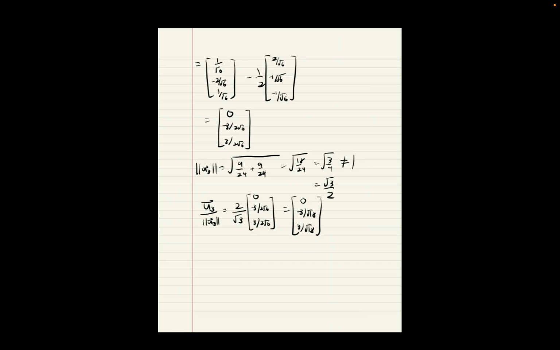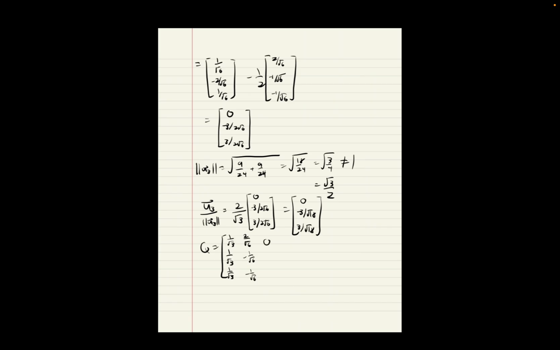And with that, we found our last vector, so let's put everything together now. Our Q is going to be the first column of V, 1 over root 3, 1 over root 3, 1 over root 3. The second column of V, 2 over root 6, negative 1 over root 6, negative 1 over root 6, and our u3 that we just found.